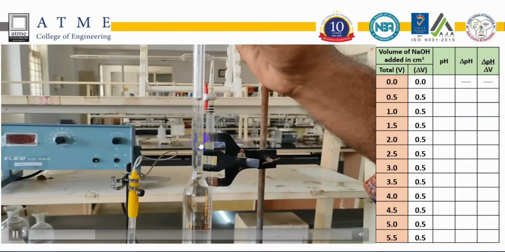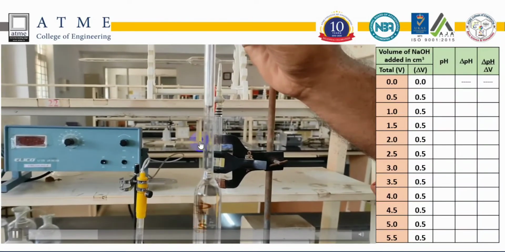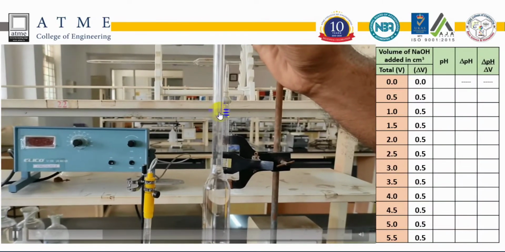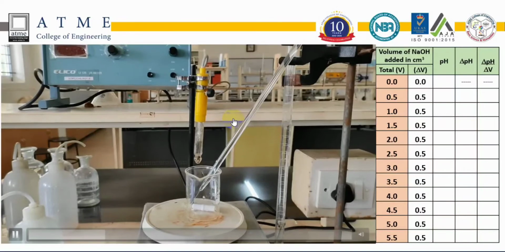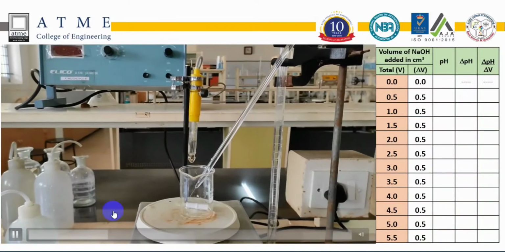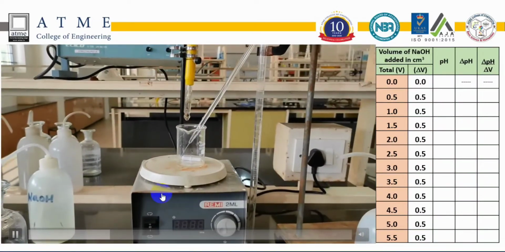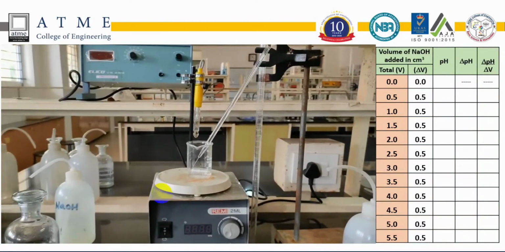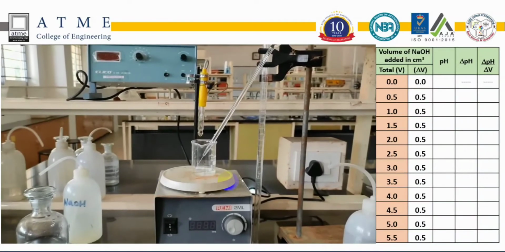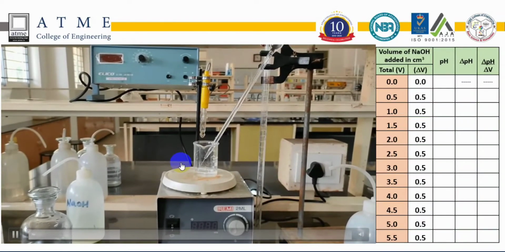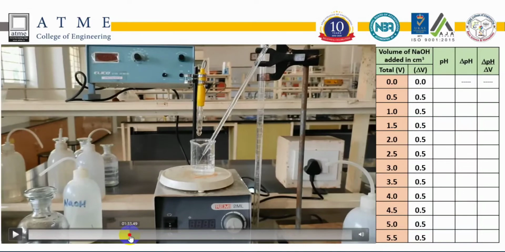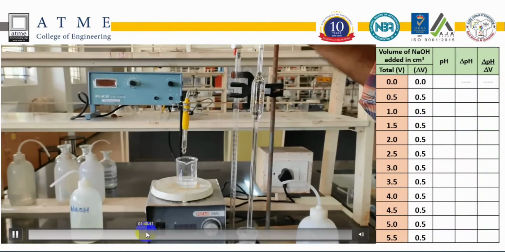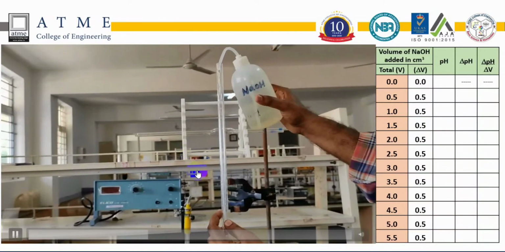Each pipette is of 25 cm cube. So pipette out weak acid 50 cm cube into a beaker.